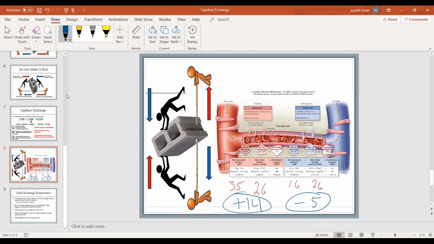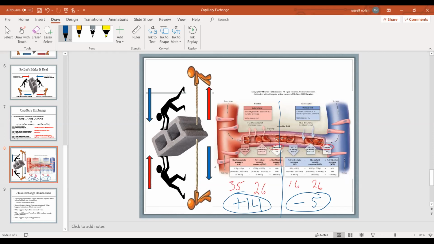But what I want you to know, the takeaway here, is that when you do the application of the equation, the understanding of the values is that at the arterial end, it's a positive 14. It's a positive number. We just learned on the previous slide that a positive number means it is being filtered out of the blood into the tissue. And then at the venous end, it's a -5. So negative means that fluid is being reabsorbed from the tissue back into the blood or back into the capillary.